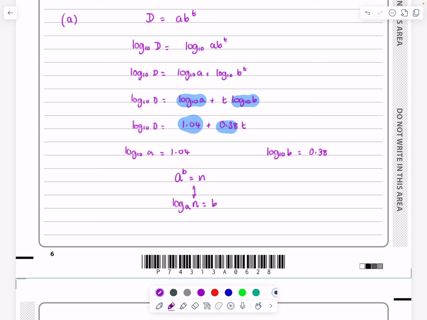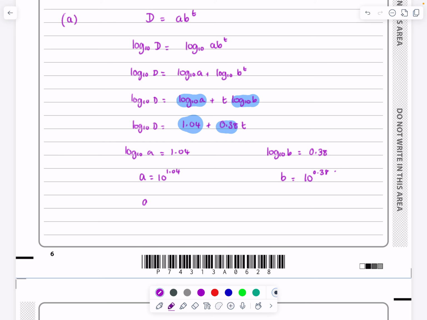We need to be able to jump about between those two. Using that then for our first statements, A is equal to 10 to the power of 1.04, and here B will be equal to 10 to the power of 0.38. So from that we can work out what both of those are.